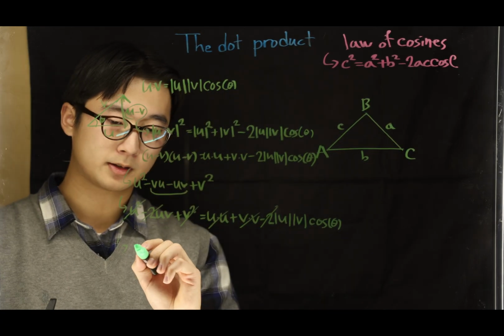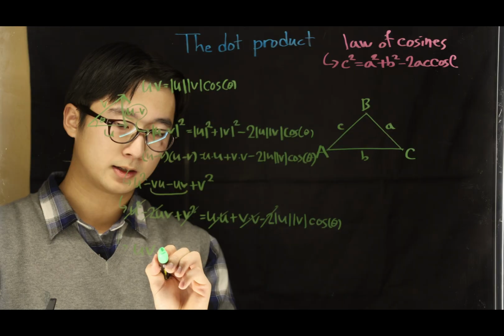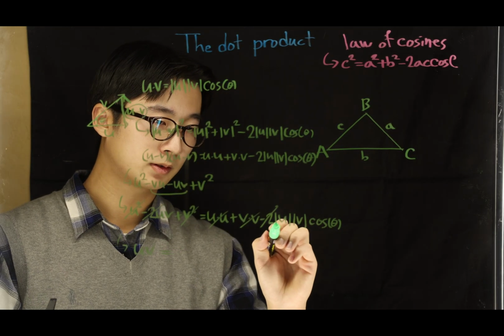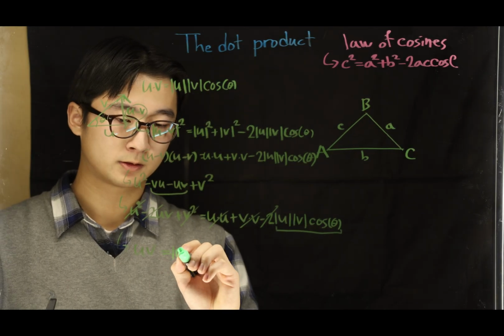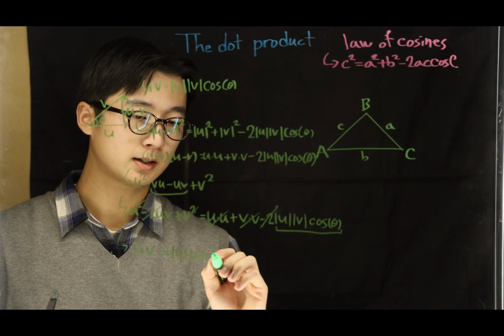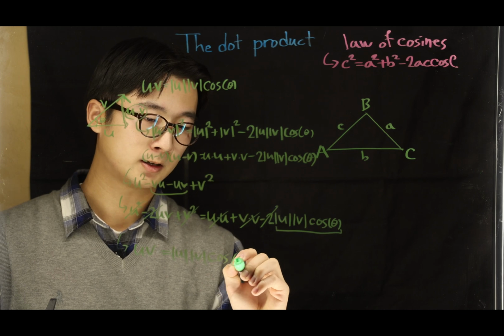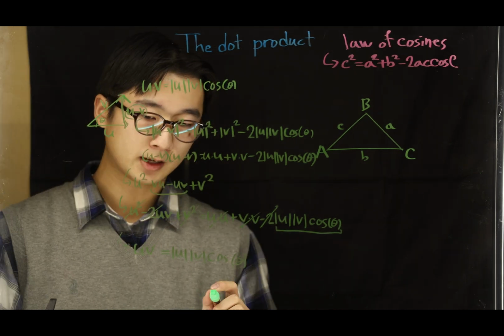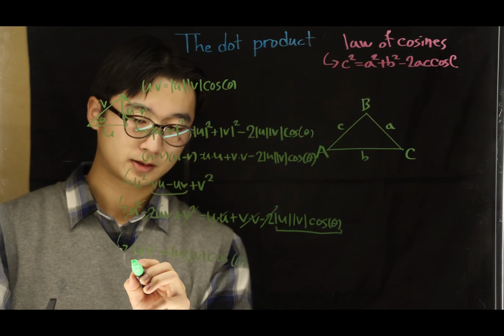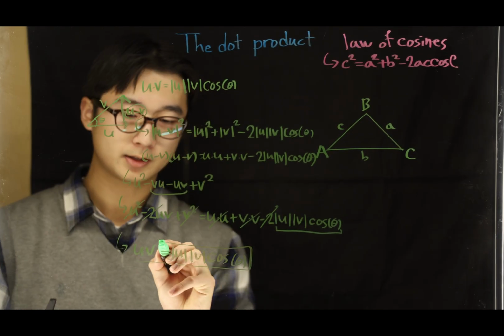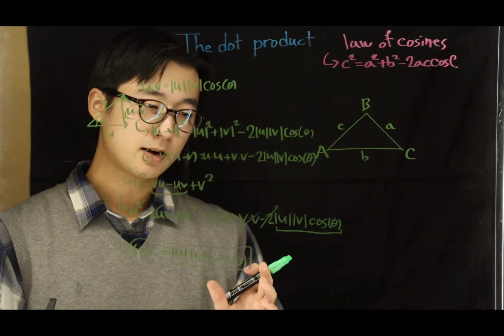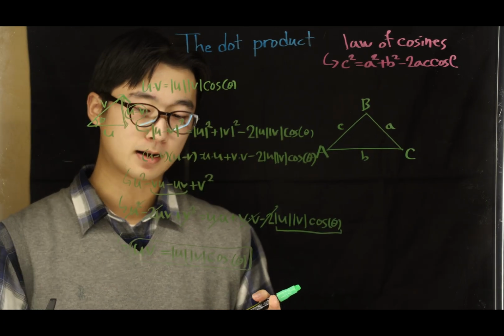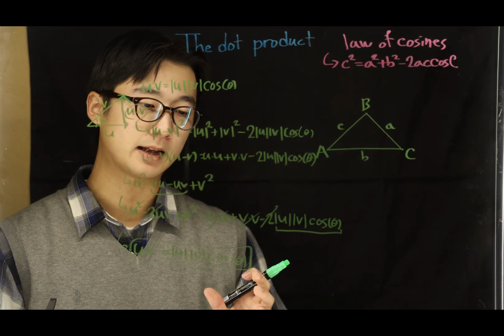Then we get u dot v is equal to the magnitude of u times the magnitude of v times cosine of theta. All right. We just derived the formula of the dot product. Now let's talk deeply about what they represent, and let's talk about the angles.